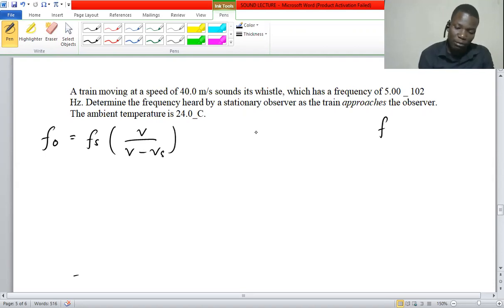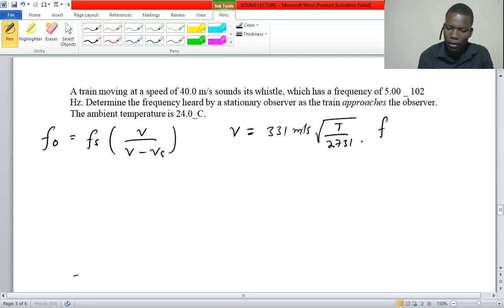So we have to recall that formula as we're dealing with sound waves. When we just started sound waves, we dealt with this formula. I think that has to be 331 over 273 K. So this is the speed of temperature. Speed can be affected by temperature.